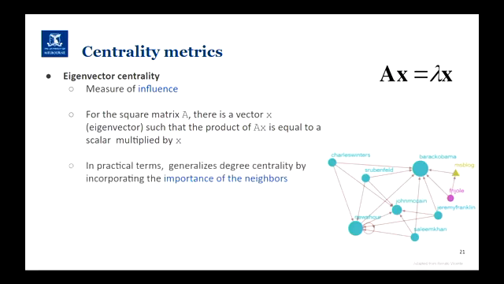Given a square matrix A, we can identify a vector X, which is called an eigenvector, such that the product AX equals a scalar multiplied by X. This has to do with matrix decomposition. We'll see that in a few weeks.